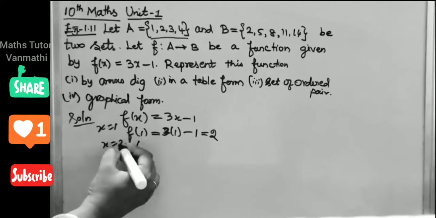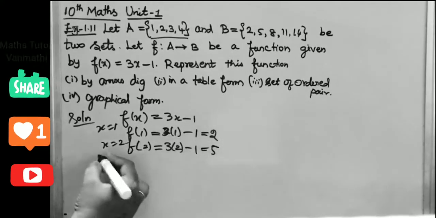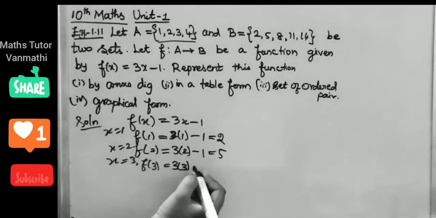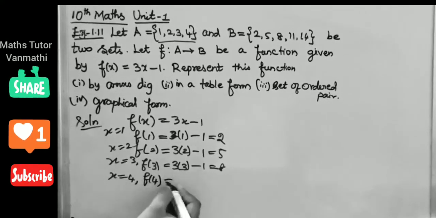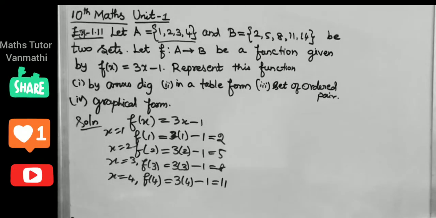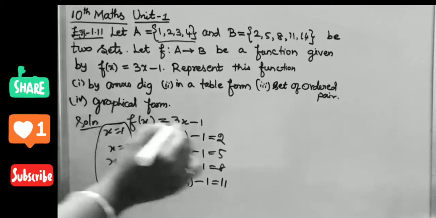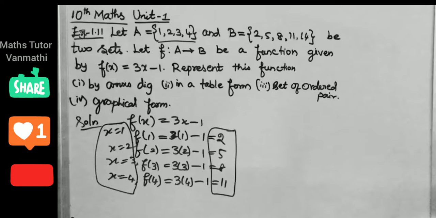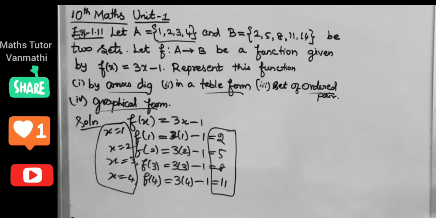Next x equal to 2, 3 twos are 6 minus 1 is 5. x equal to 3, f of 3 equals 3 threes are 9 minus 1 is 8. x equal to 4, f of 4 equals 3 into 4 is 12 minus 1 is 11. So we have got the values 2, 5, 8, 11. This is your x values and this is your f of x values. Now we are going to represent these as arrow diagram, table form, ordered pairs and graphical form.